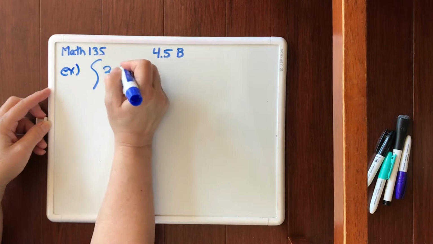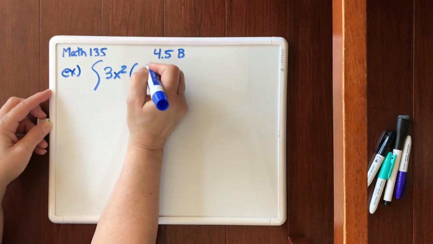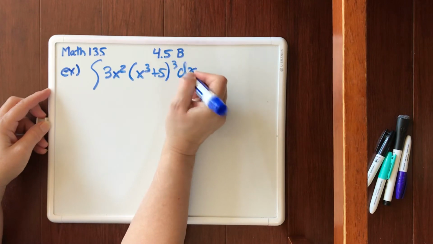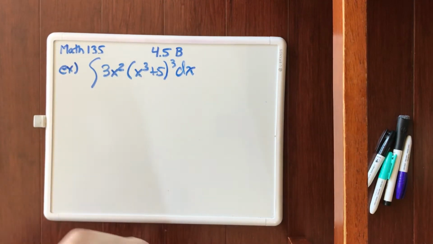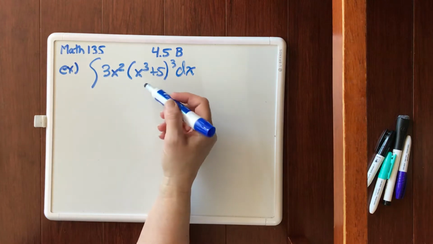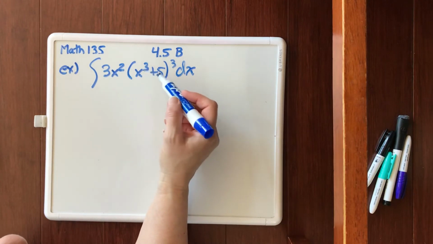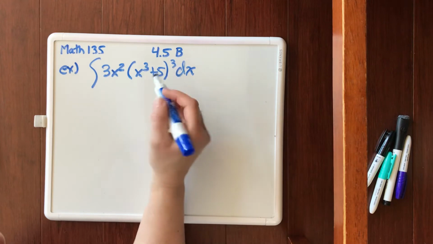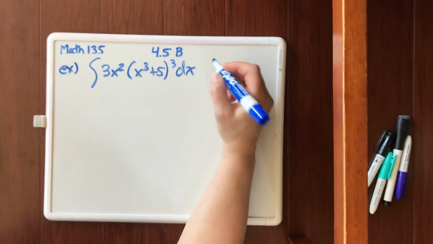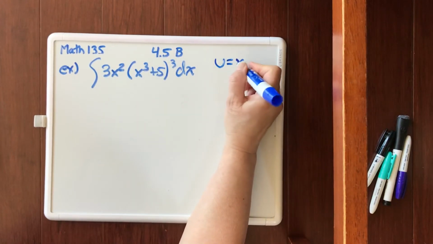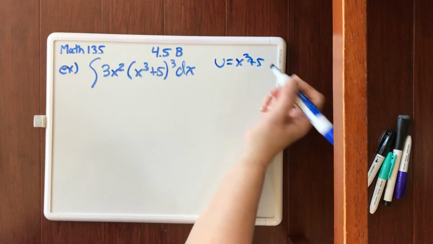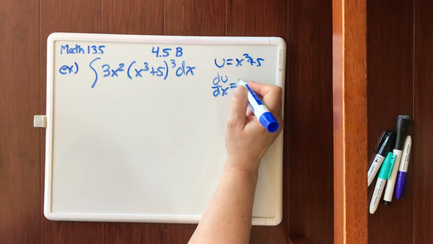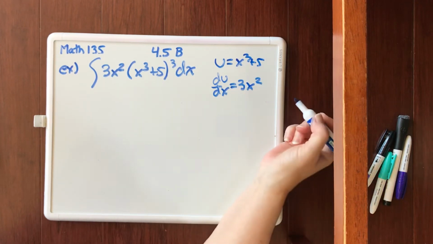So we have 3x squared times (x cubed plus 5) cubed dx. All right. Integration of 3x squared times, parentheses, x cubed plus 5 to the 3rd power dx. Okay. So let's take this inside, and we're going to let u equal x cubed plus 5. Then du dx is 3x squared.